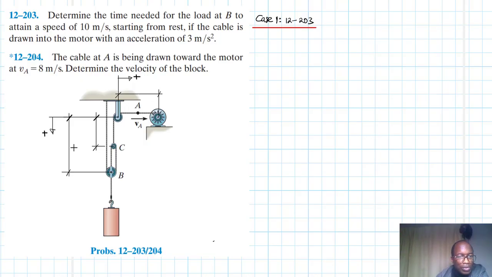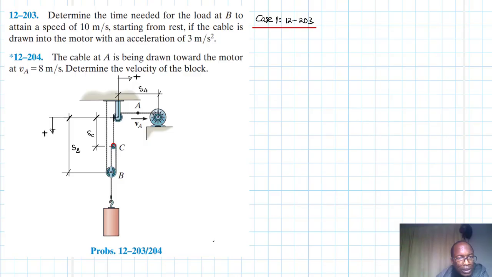So let's call this one SB, we call this one SC, and then we call this one SA. And then we do have these parts here, these constants.